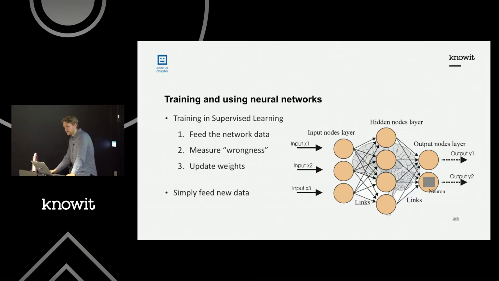Then you can measure how wrong the output was. In the start, it's going to be not so good results. But then you can go backwards through the layers and update the weights and parameters of the neural network. So the next time you put in the same input, it's going to be slightly more correct.